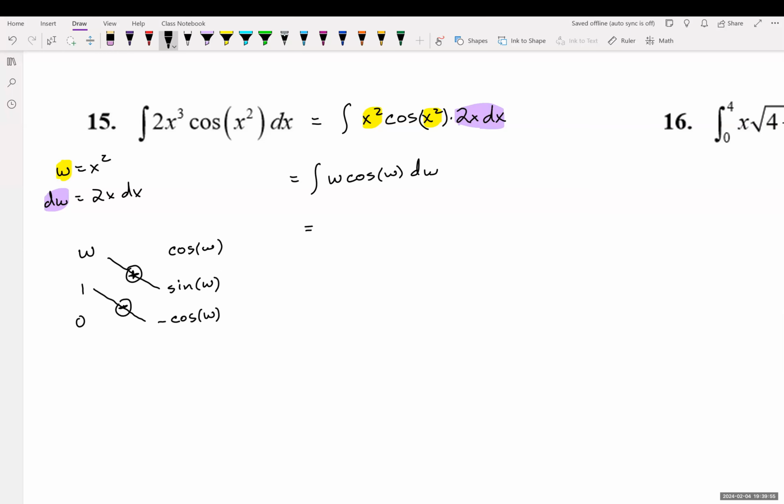And so we end up with w sine w, and then this minus and that minus give us plus a cosine w plus c. And so now we just have to bring back our x squared. So we have x squared sine x squared plus cosine x squared plus c.